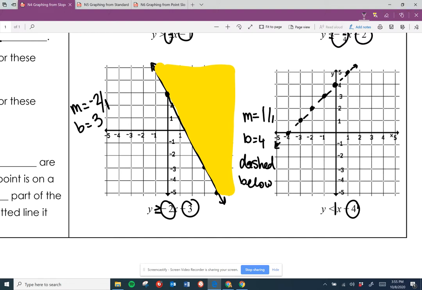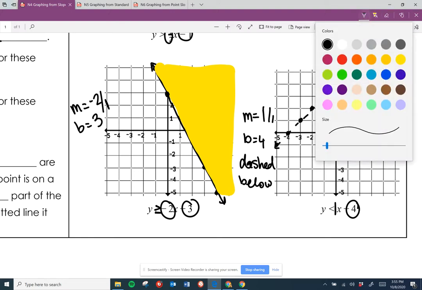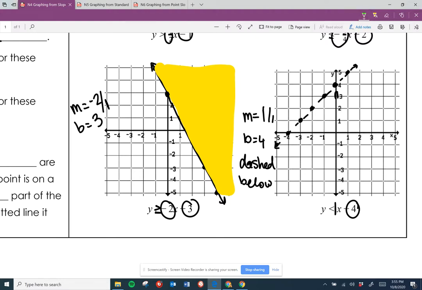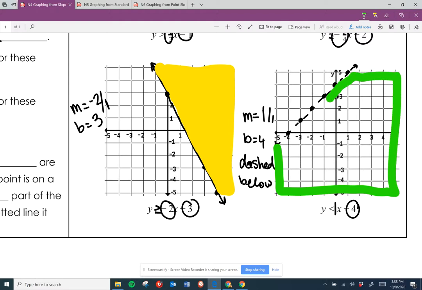And then to shade below, I'm going to say, okay, if I put my pen here on the y-intercept, which of these is below? It's going to be the part down there, okay? So we're going to go ahead and get our pen ready to shade. Then we will fill in all of the area below the dashed line.